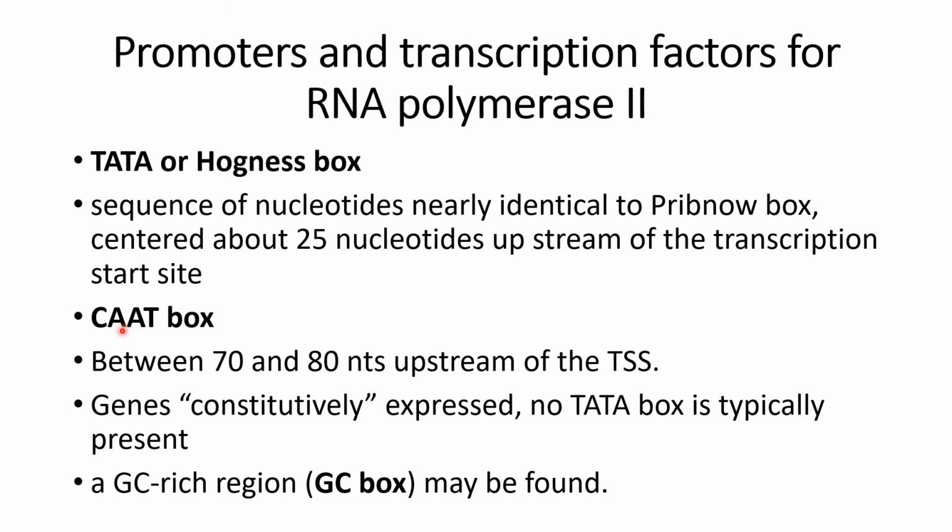Next, another promoter region is the CAAT box. It lies between 70 and 80 nucleotides upstream from the transcriptional start site. Mostly the constitutive genes are expressed without the TATA box; they typically have the CAAT box. These constitutive genes mostly don't contain the TATA box, and they typically bind with this CAAT box.